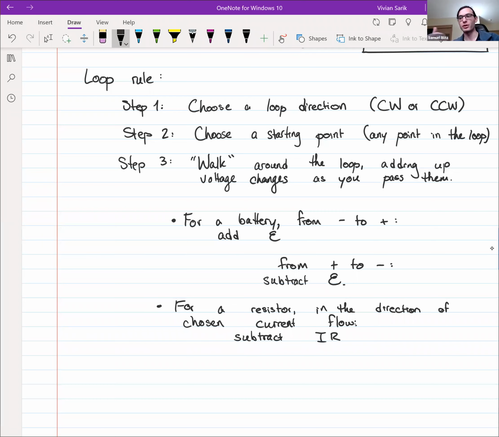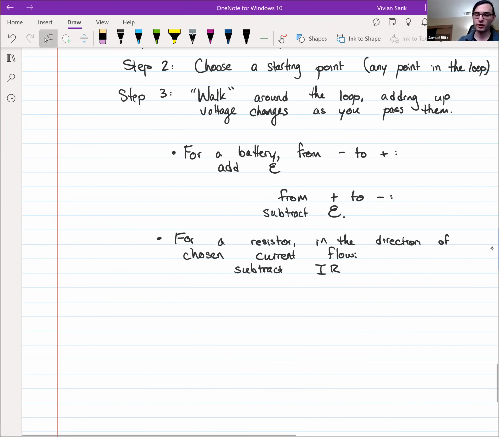The magnitude is just IR because that's Ohm's law. And for a resistor in the opposite direction, the direction opposite of current flow, you just add IR.